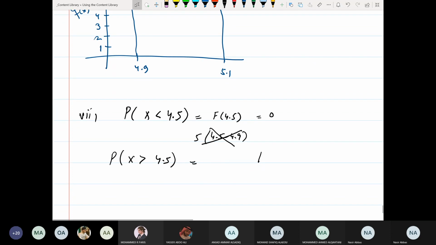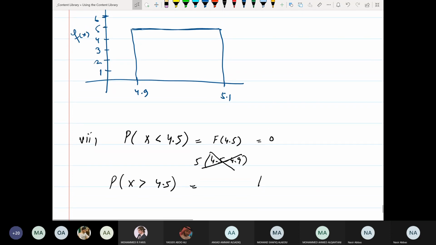Similarly, if I ask you to give me the probability of x less than 5.5, what will this be? Ali Abdul Rauf. It will also be 1. No, 1. It's bigger than 5.5.